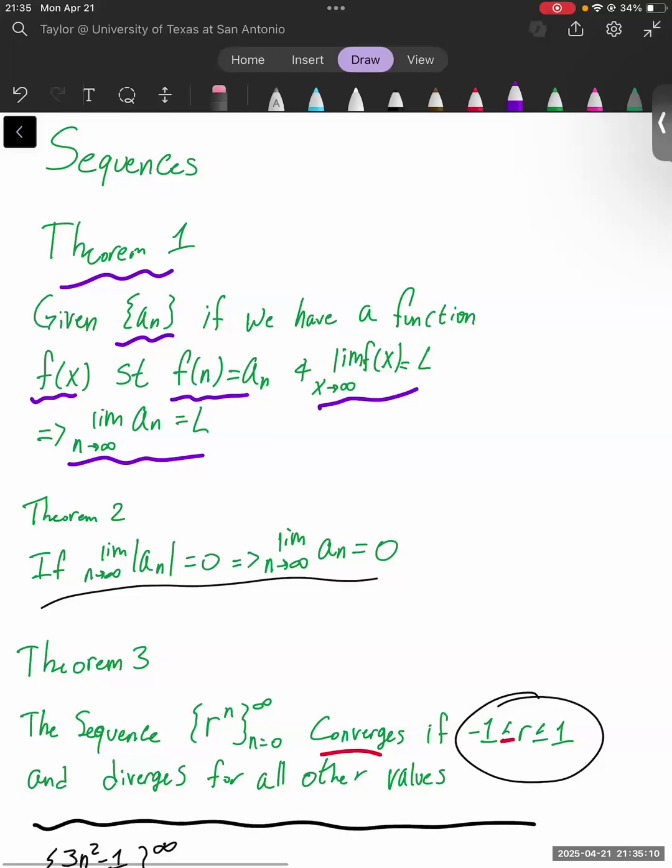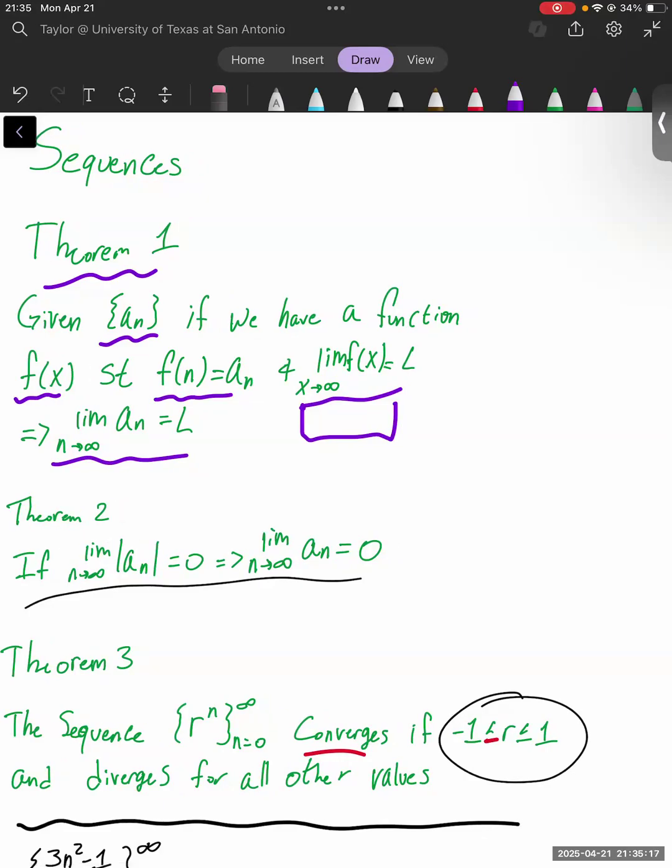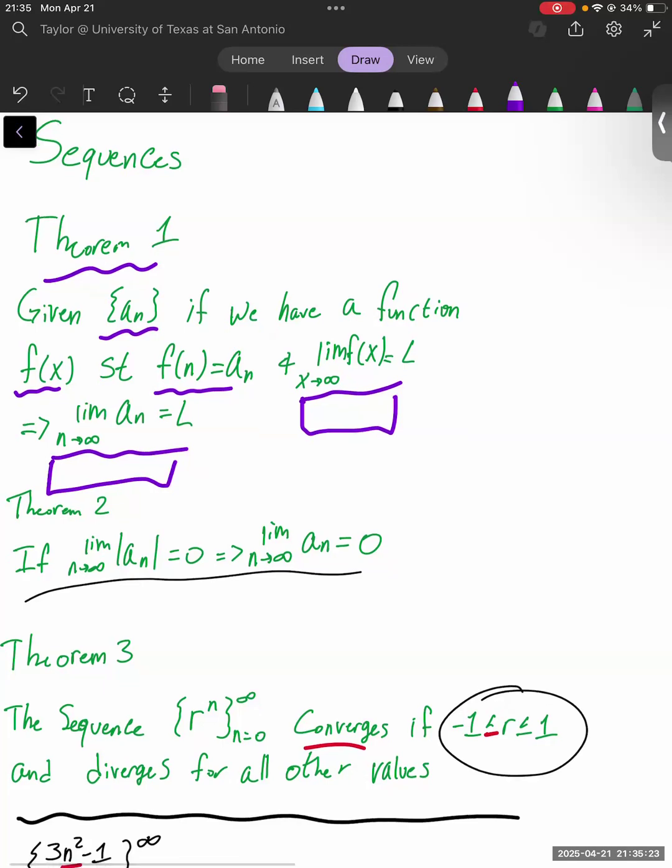In other words, if I take the limit of f of x as x approaches infinity, it will also equal the same value of the sequence as n approaches infinity.